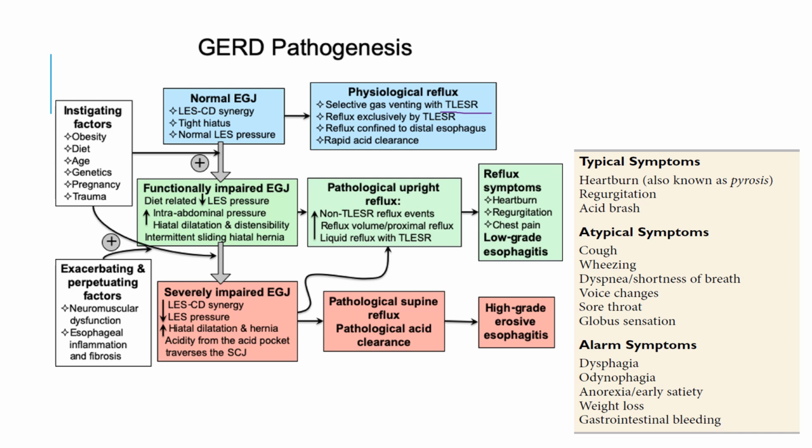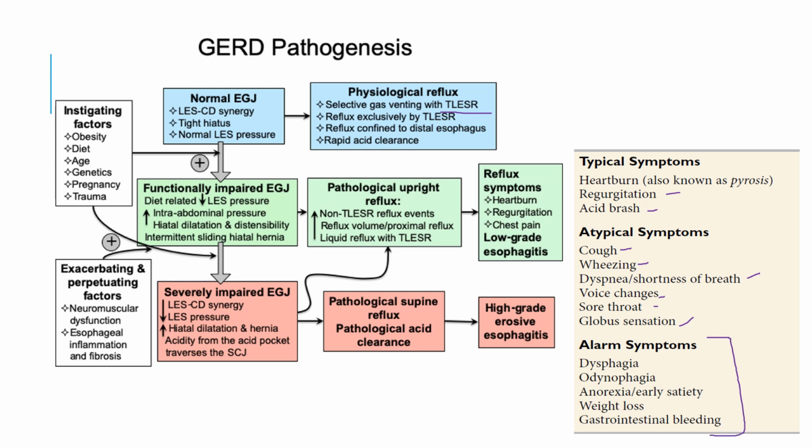The typical symptoms of reflux are heartburn, regurgitation, and acid brash. Atypical symptoms are chronic cough, wheezing, dyspnea or shortness of breath, voice changes, sore throat, and globus sensation, or a mass-like sensation in the throat. These are the alarming symptoms, which means there is something wrong beyond the GERD.